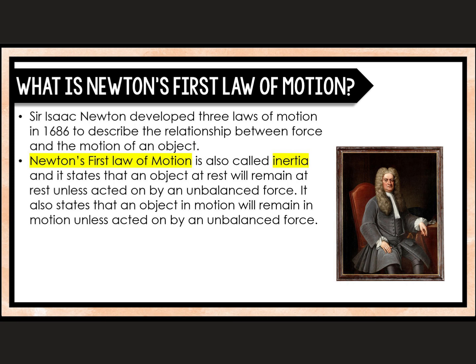It states that an object at rest will remain at rest unless acted upon by an unbalanced force. It also states that an object in motion will remain in motion unless acted on by an unbalanced force. This unbalanced force causes acceleration to occur in the direction of the net force.